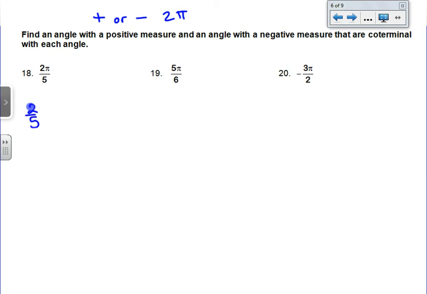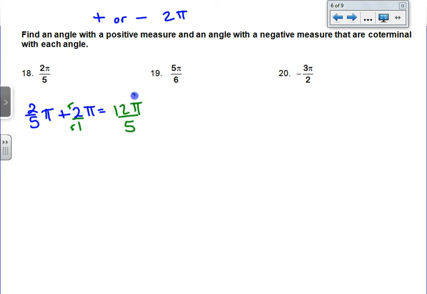So 2/5 pi. Let's do a positive coterminal angle. I know if I add 2 pi, that'll be a positive angle. Now, those of you who are trying to use your noggin and not your calculator, you'd have to get common denominators, right? What would be your common denominator here? 5. So if you multiply top and bottom by 5, you'd have 2/5 plus 10/5 gives you 12/5.